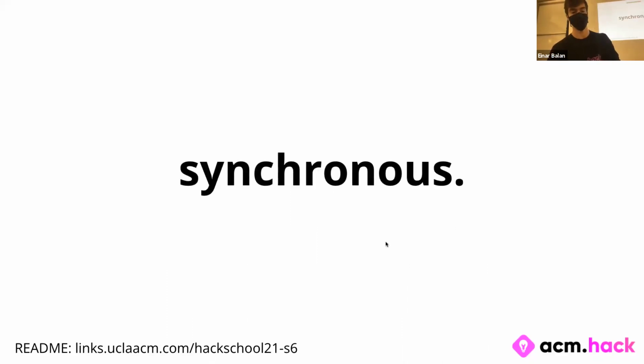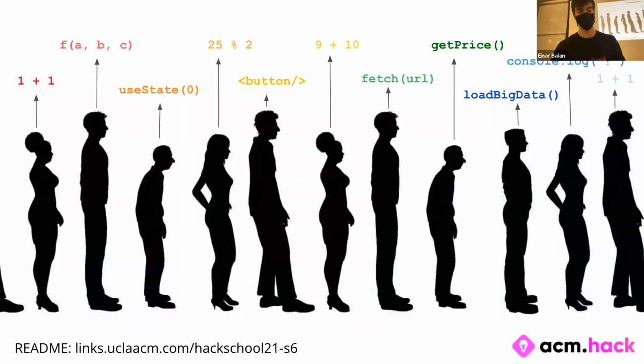You might not have realized it, but up until this point, you've been writing something called synchronous code. In synchronous code, every function and every expression that you write in your program is executed one at a time and in the order that you write them. A more digestible way to think about it is that all the expressions in your code are waiting in line, and they have to wait their turn to be executed.